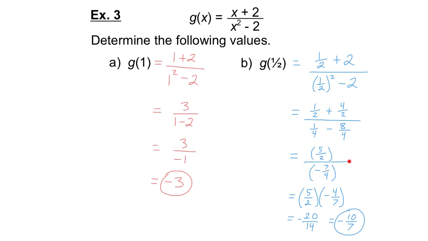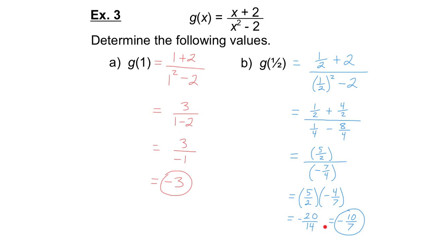We're dividing. If you're dividing by a fraction, this is your reminder, that's the same as multiplying by the reciprocal. Reciprocal means you switch numerator and denominator. So dividing by negative 7 over 4 is the same as multiplying by negative 4 over 7. 5 times negative 4 is negative 20, and 2 times 7 is 14.